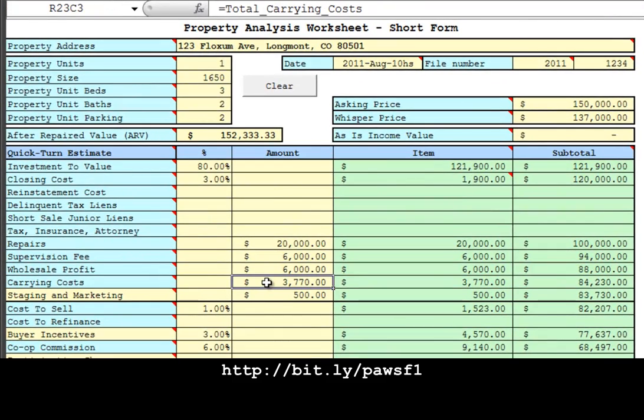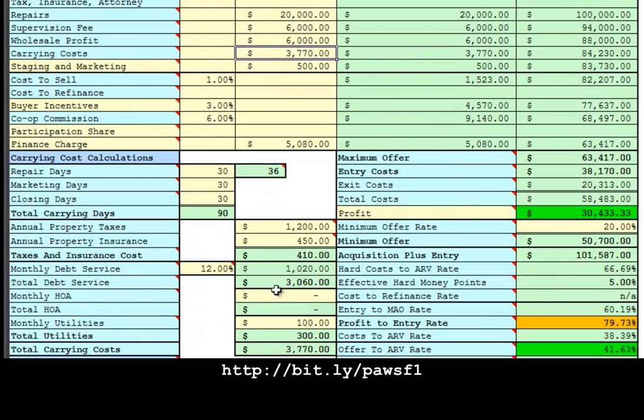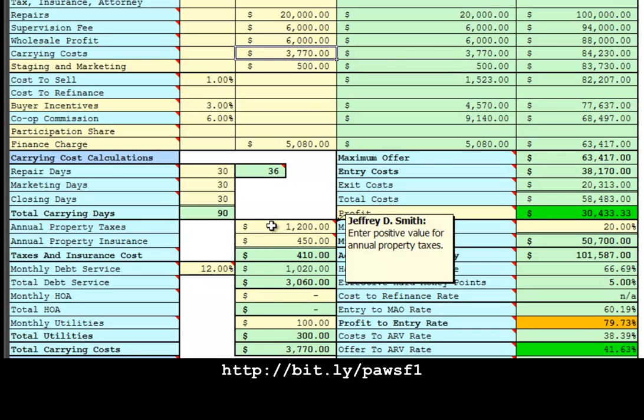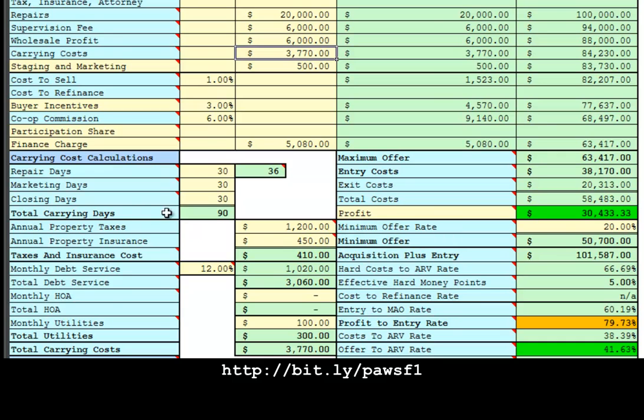Carrying costs is a formula reference down to the calculated total carrying costs, which is determined from the annual property taxes and annual property insurance, prorated over the total carrying days, calculated as 30 days to repair, 30 days for marketing, 30 days for closing.